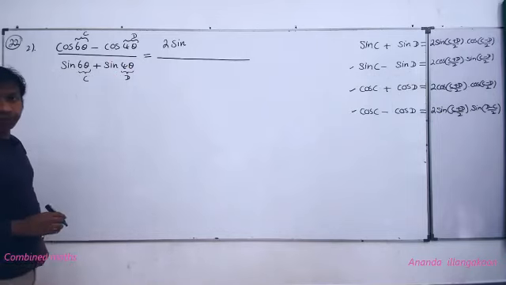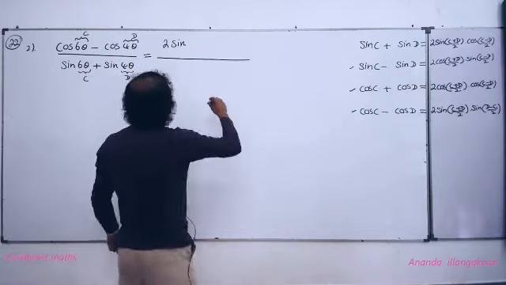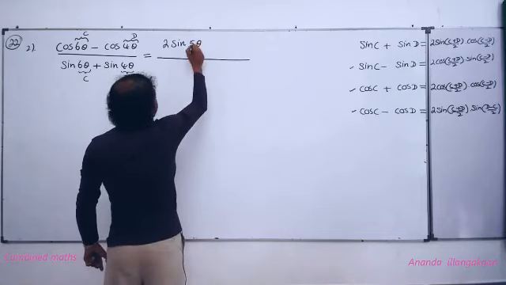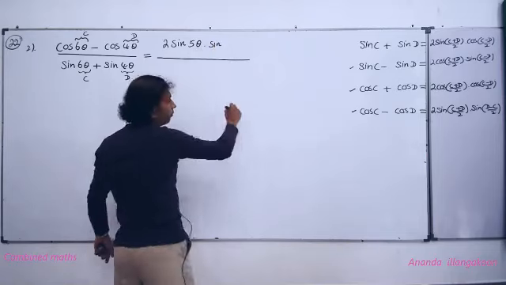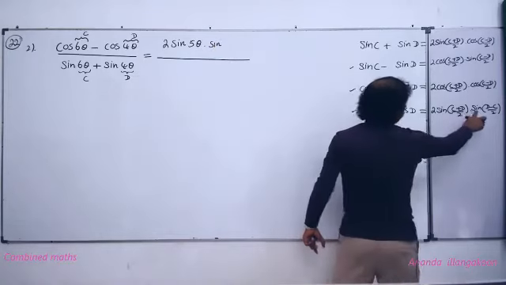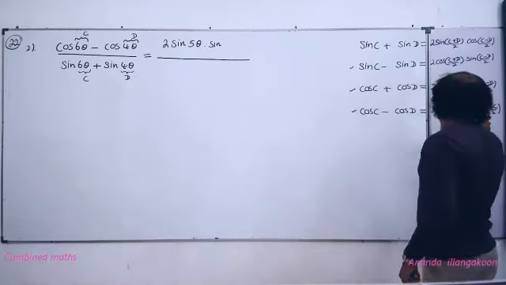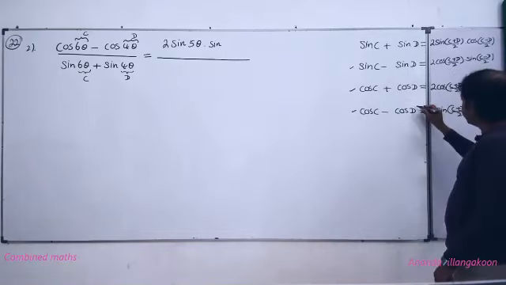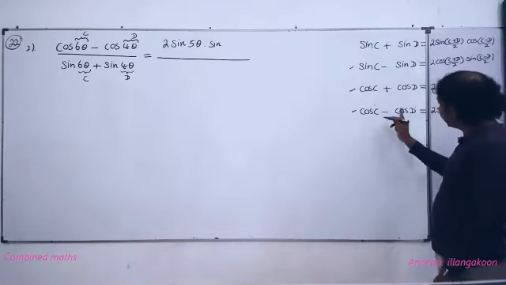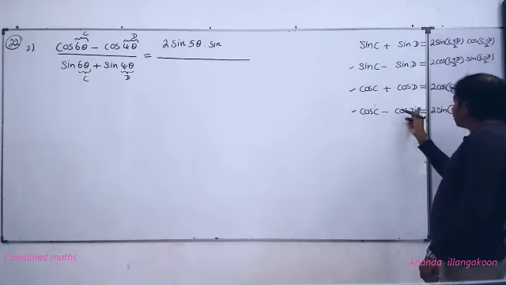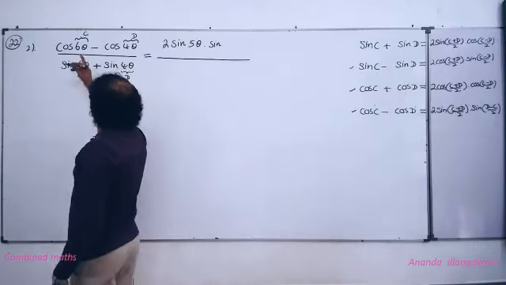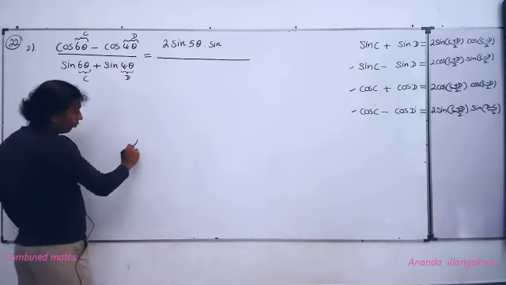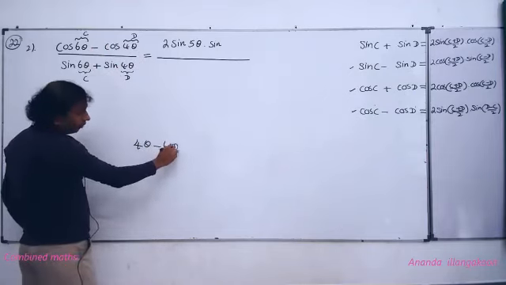Divide that by 2, it is 5 theta. Then the second one is also sine. What is the order of taking the difference of the angles? D minus C: 4 theta minus 6 theta, which is minus 2 theta.